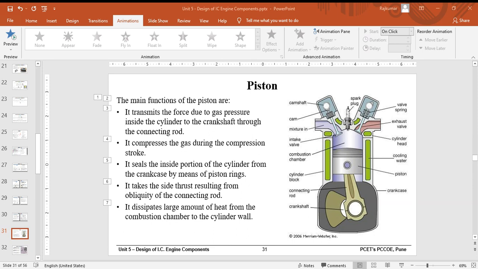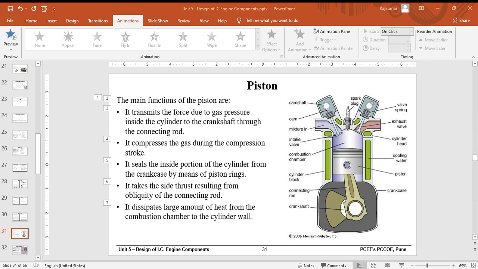Or you can also use this formula to calculate the thickness of the rib. After selecting the number of ribs, we need to calculate the thickness of the rib. It is generally expressed as the thickness of the piston head divided by 3, or the thickness of the piston head divided by 2.